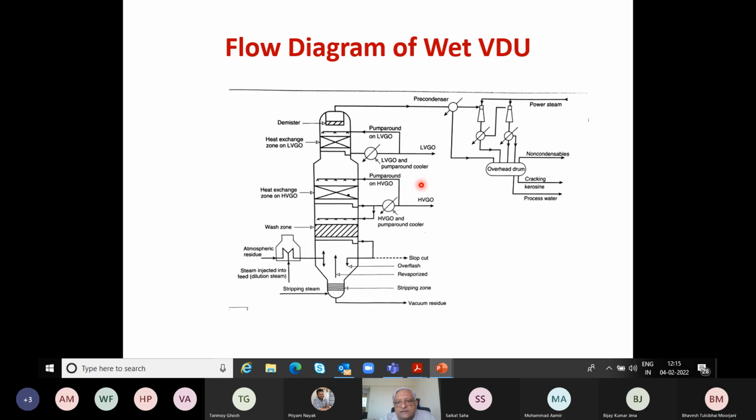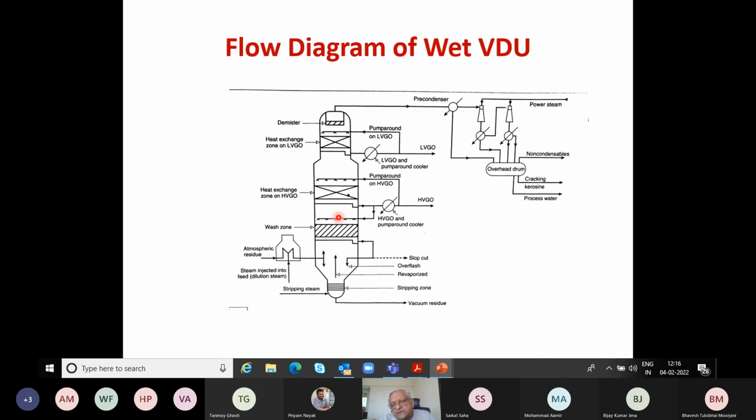On the other end, if you have a wet vacuum, what we do is put stripping steam at the bottom, and some part of the steam is put here in the tube banks in the furnace, so that we can go slightly higher on temperature but still not do any cracking, because the partial pressure of hydrocarbons is lowered since we have steam.